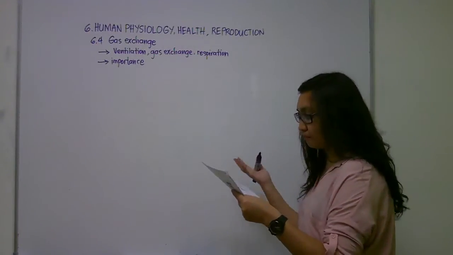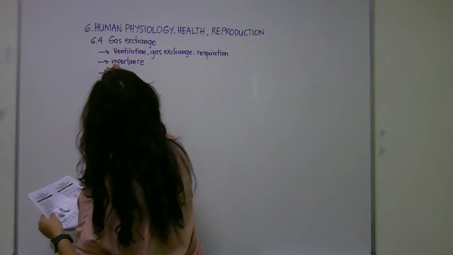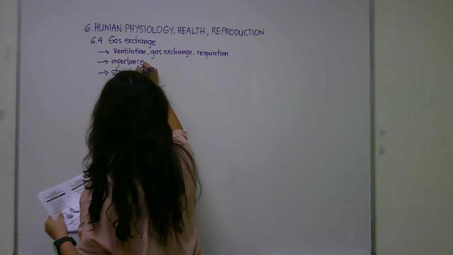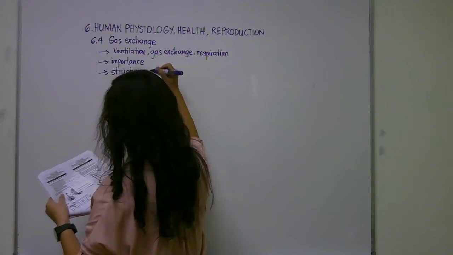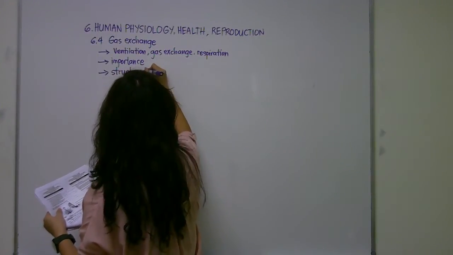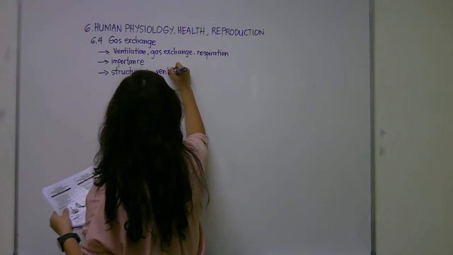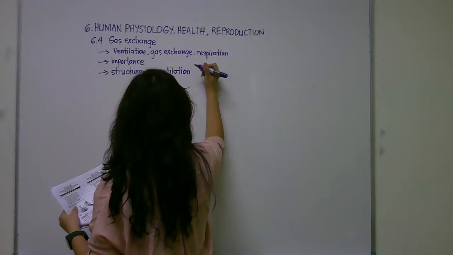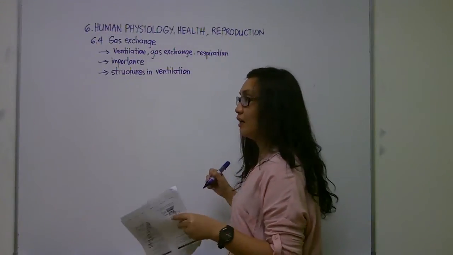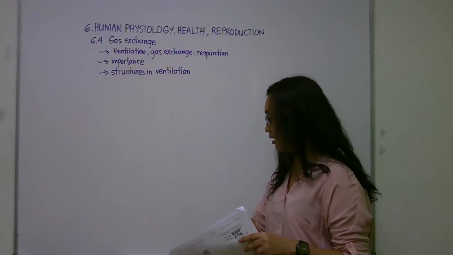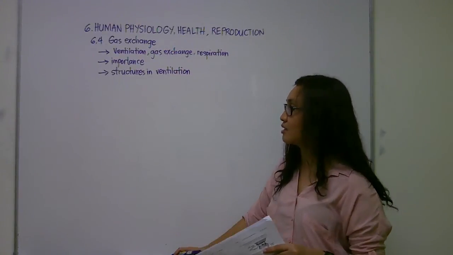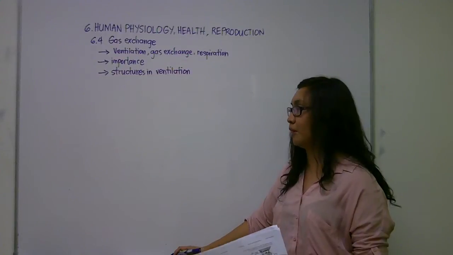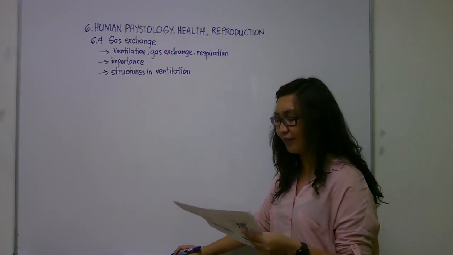Okay, so right after that, we need to identify the structures in the ventilation system, starting from the nose, larynx, trachea, bronchus, and then the bronchioles, and the terminal part of it is the alveoli.